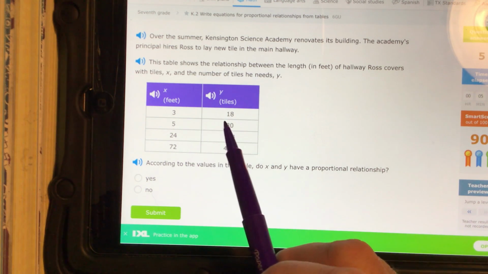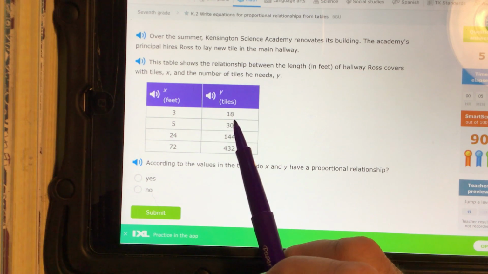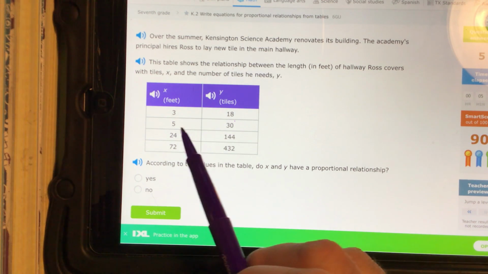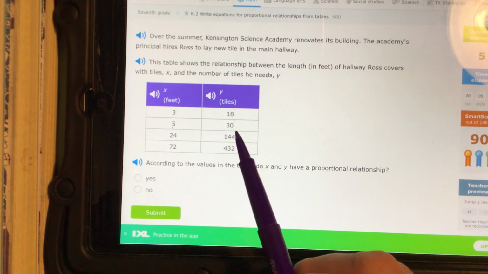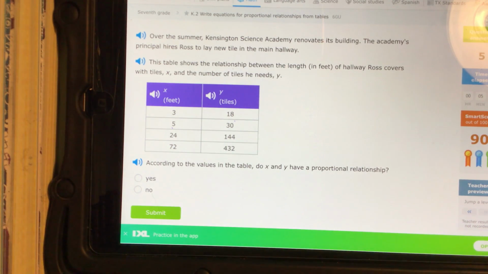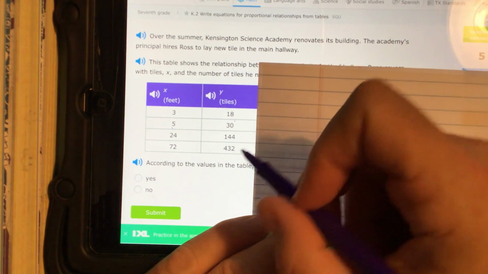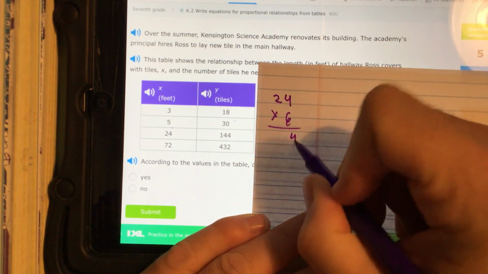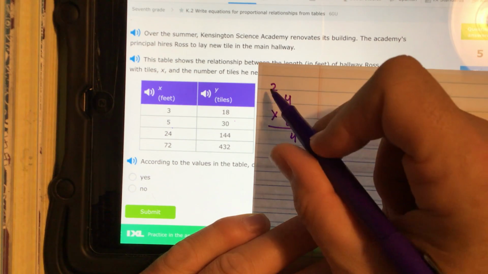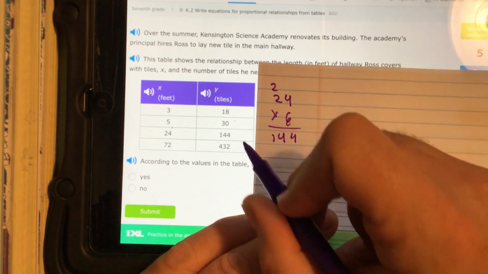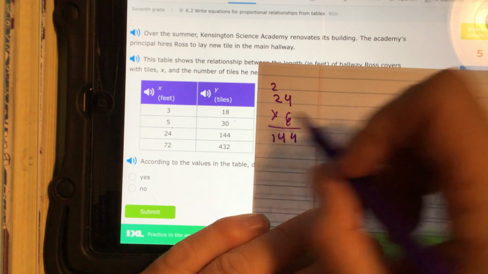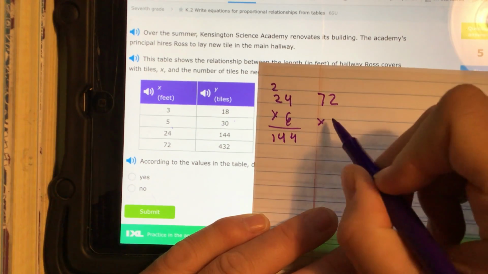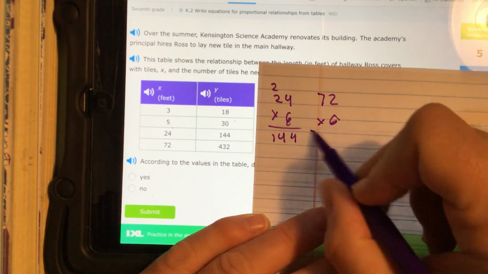3 times 6 equals 18. Yes. So I got to try 6 on all of them. 5 times 6 is 30. Correct. Uh-oh. 24 times 6. I got to check it to make sure. That's 144. Check. And I got to do 72 times 6.